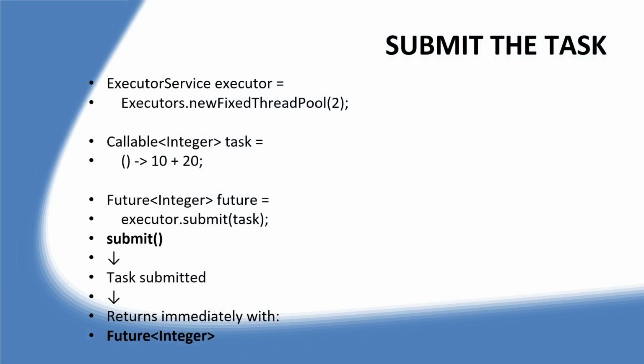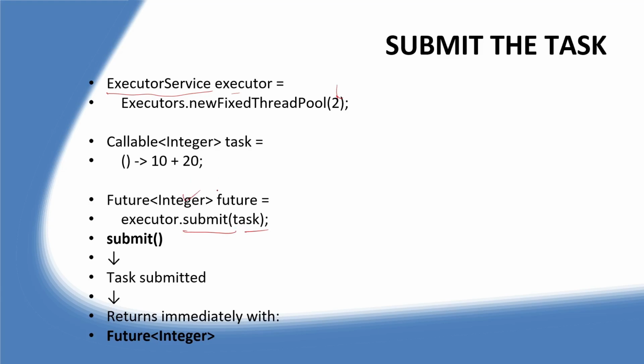Now next is submitting the task. We have seen different ways of submitting a task. We create an ExecutorService with pool size 2. Then we submit the task. The submit method does not directly return the integer result.